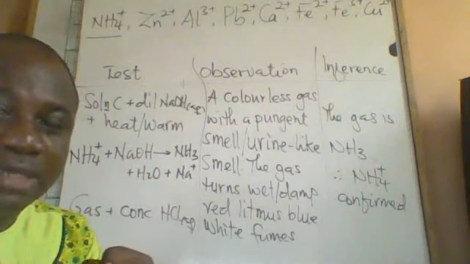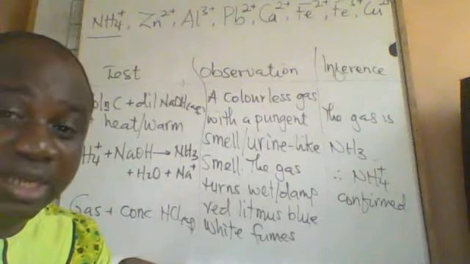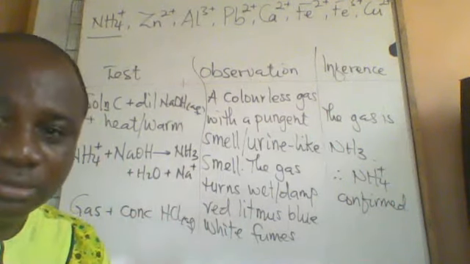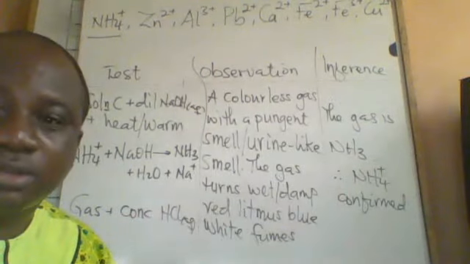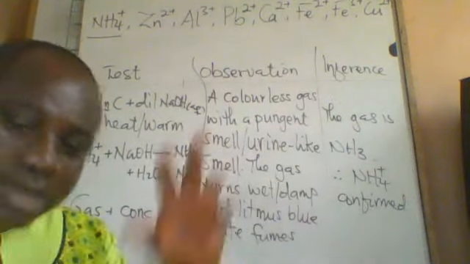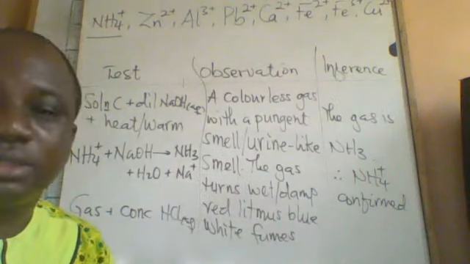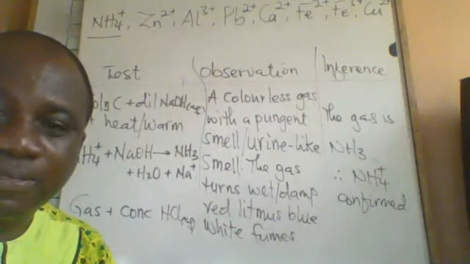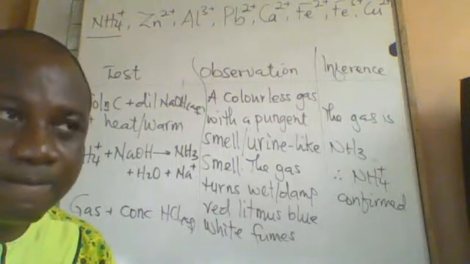In place of calcium hydroxide, you can use sodium hydroxide or even potassium hydroxide. Then you heat it, and the ammonia gas will come off and can be collected. Do you understand? Yes, I do.